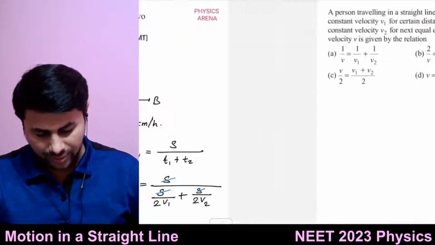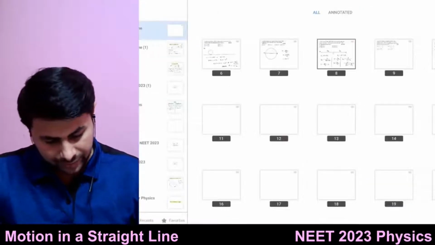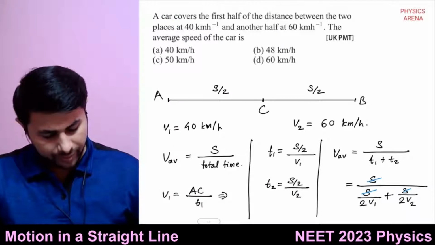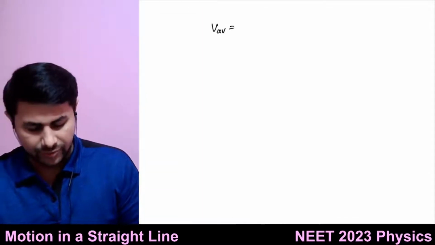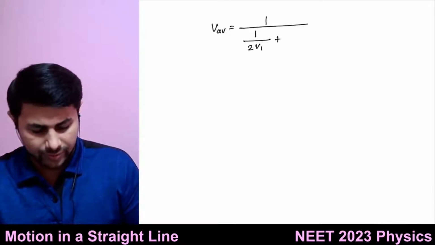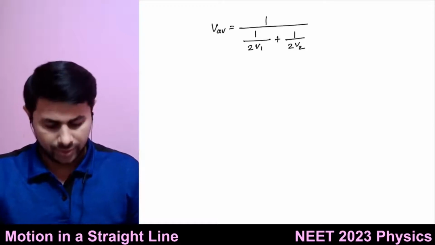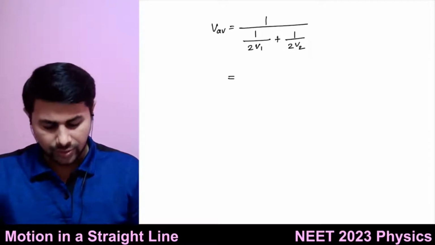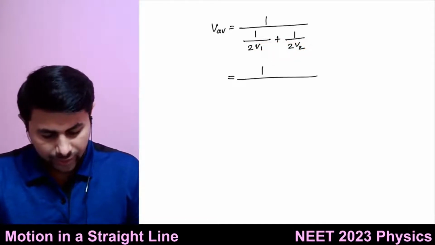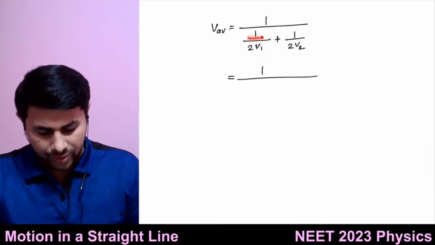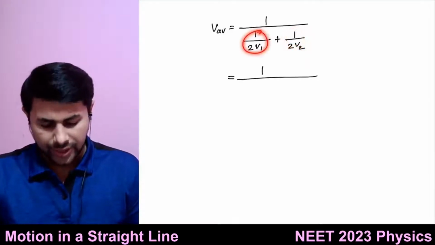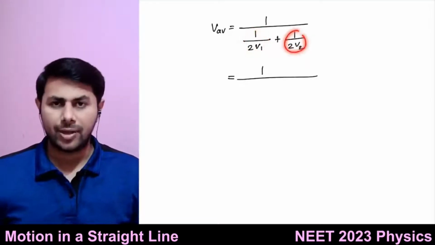So we have V average equal to 1 upon 2V1 plus 1 upon 2V2. Now we have to make the denominators the same, right? I multiply the first term by V2 and the second by V1.